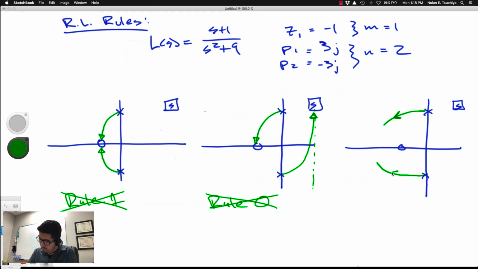So they'll head out this way, and they'll actually have to meet somewhere on the real axis at a common point, right? Because it's got to be symmetric. And then at that point, one branch will head off and terminate at the 0, thus satisfying rule 1. And the other branch will head off in the opposite direction to infinity, also according to rule 1.